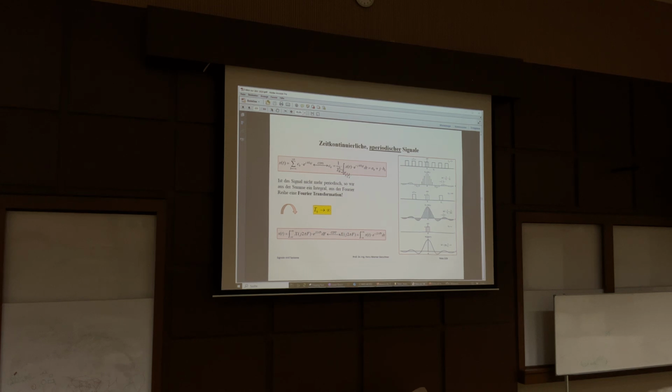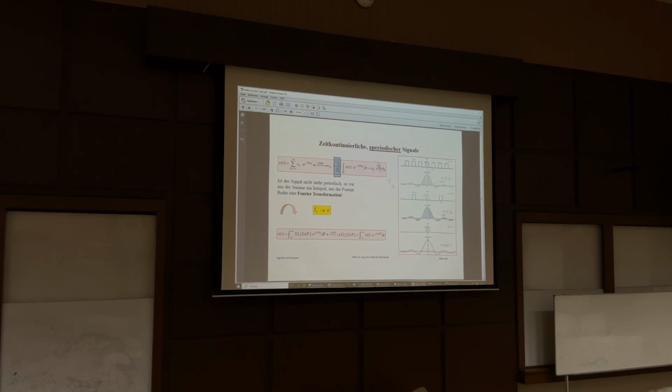The 1 over T0 goes more or less to 0, and K omega 0 goes to 2 pi f. F is now a continuous frequency, because delta f, which in the periodic case was 1 over T0, goes to 0.